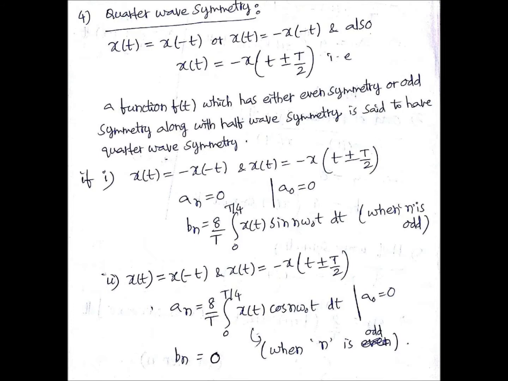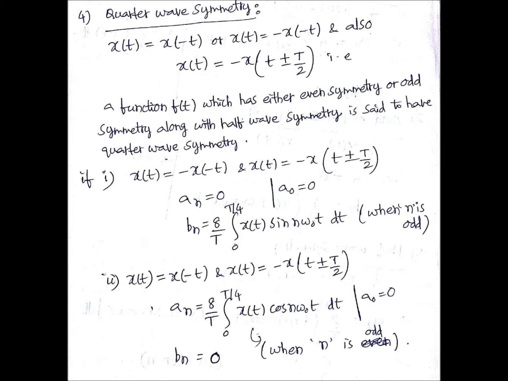In the first case, x of t is odd, that is minus x of minus t, and x of t also satisfies half wave symmetry. In case 1 we are considering an odd signal with half wave symmetry, and in case 2 an even signal with half wave symmetry. In case 1 an is 0 and a naught is 0.